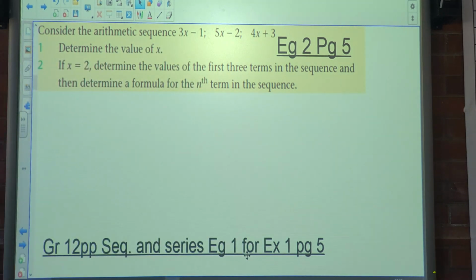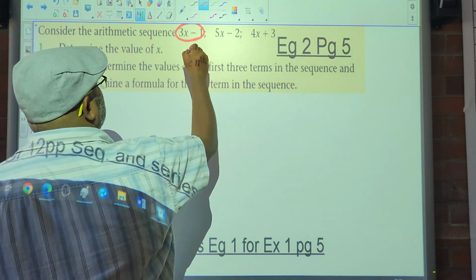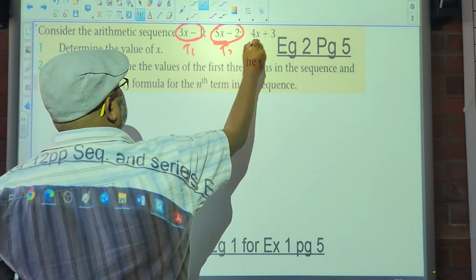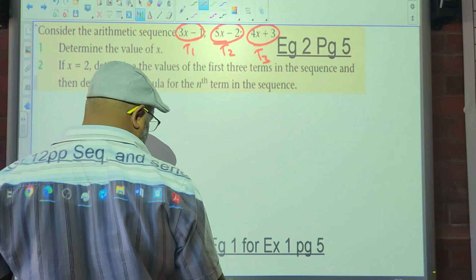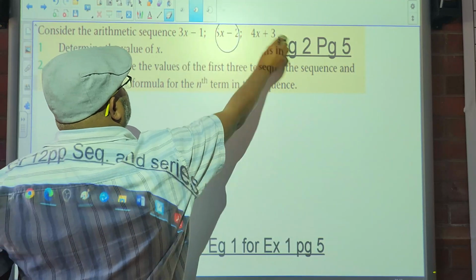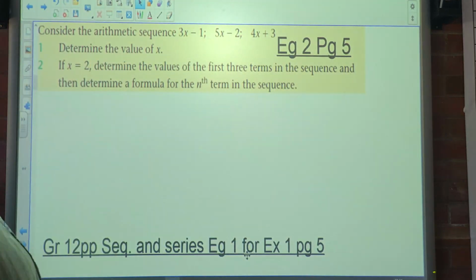So here we are given the terms as algebraic expressions. Can you see that? So this is term 1, term 2, and term 3. Okay. Determine the value of x. Okay, so in other words, we must solve for x.